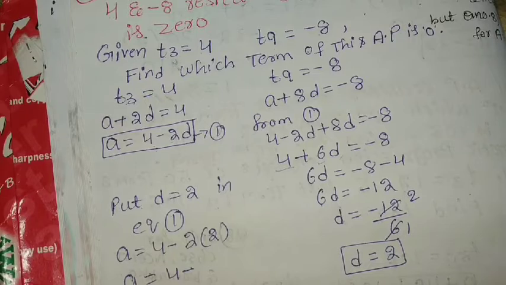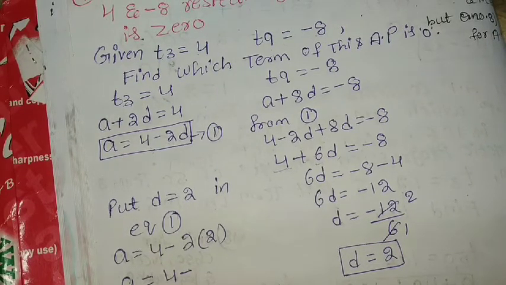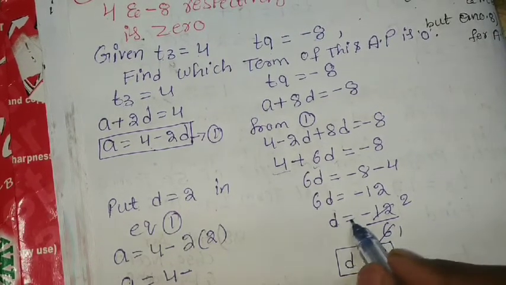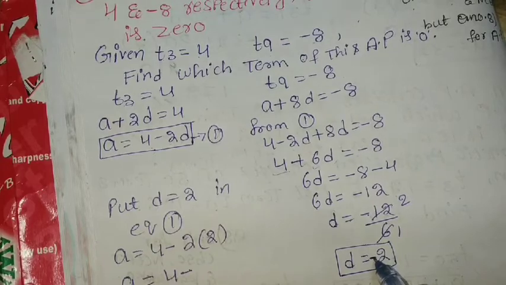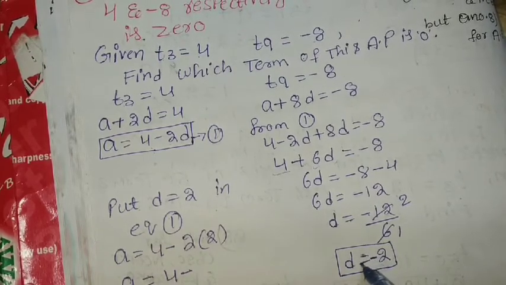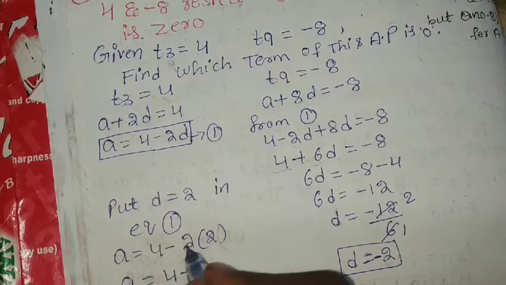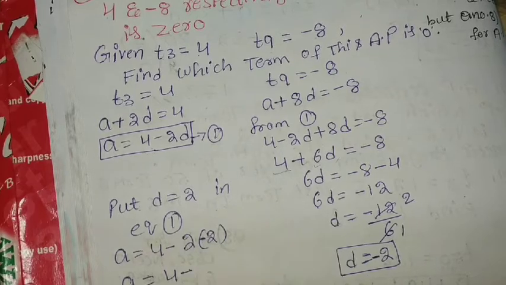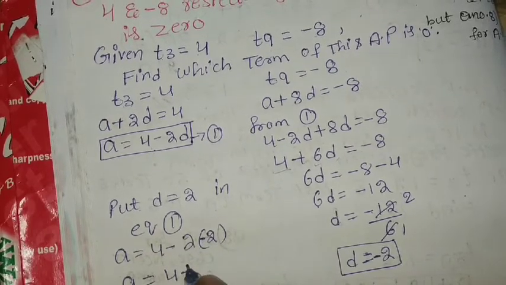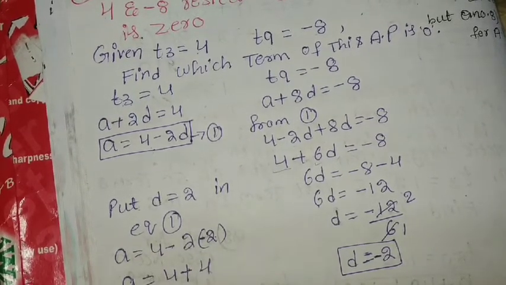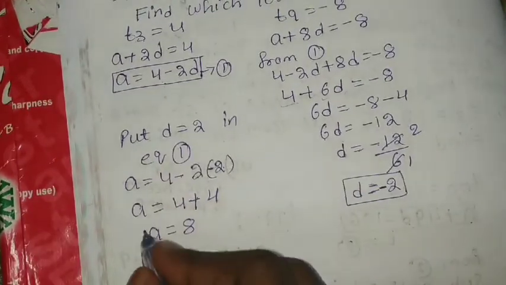See here we are making mistakes. Already D is equal to minus 2, no? So we are forgetting the minus here. Remember that. So minus 2 will become here. So minus into minus is plus, 2 twos are 4. A is equal to 4 plus 4, 8. What is A here? 8. A is the first term.